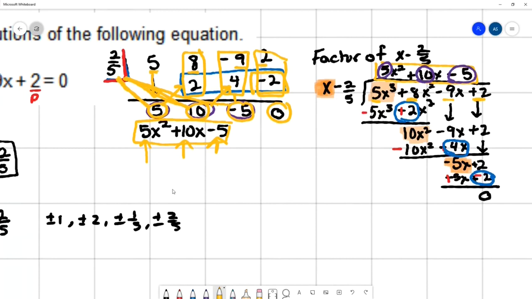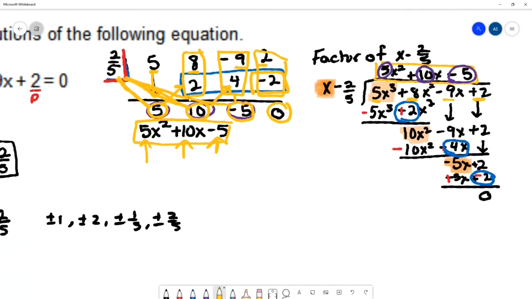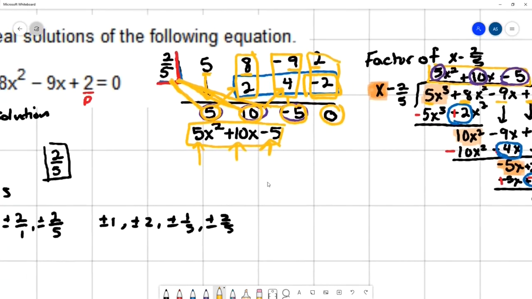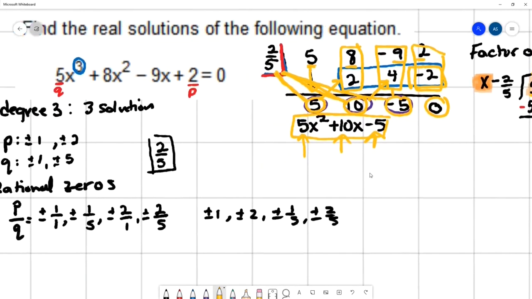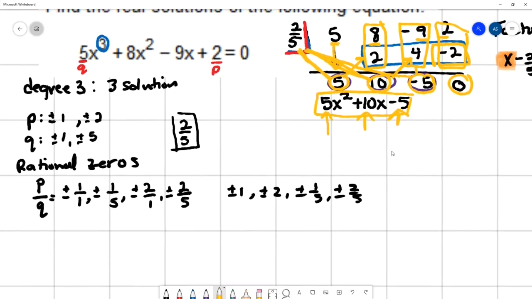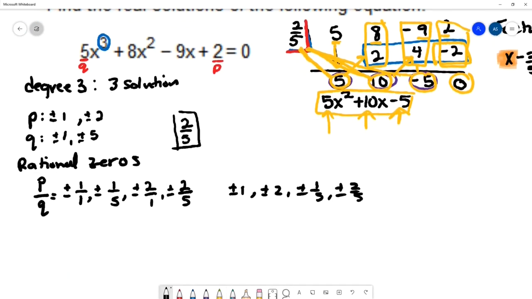Okay, so now that we have emphasized the synthetic division and the long division, we're going to come back and see where we are with our problem. So we have this 5x cubed plus 8x squared minus 9x plus 2 equals 0.